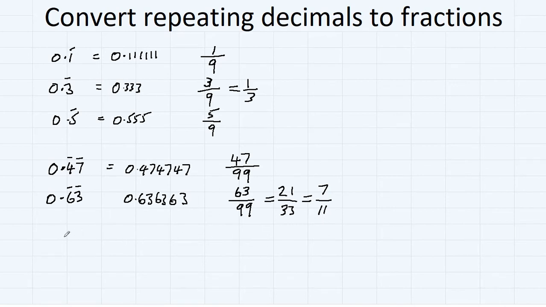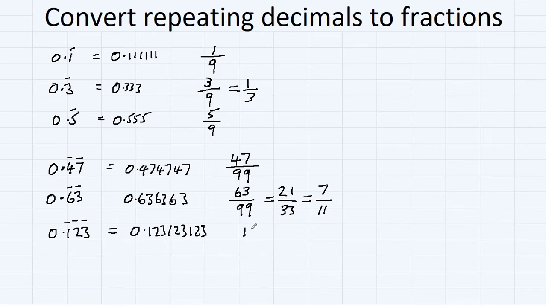Let's try another slightly harder one. Let's try 0.123 recurring. So this time we've got 3 digits recurring. So this looks like 0.123, 123, 123, etc. Well, you've probably guessed what we're going to do here.